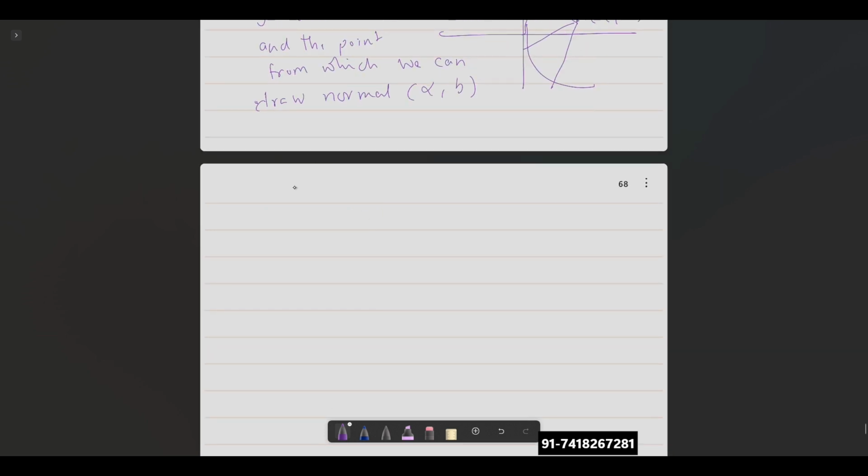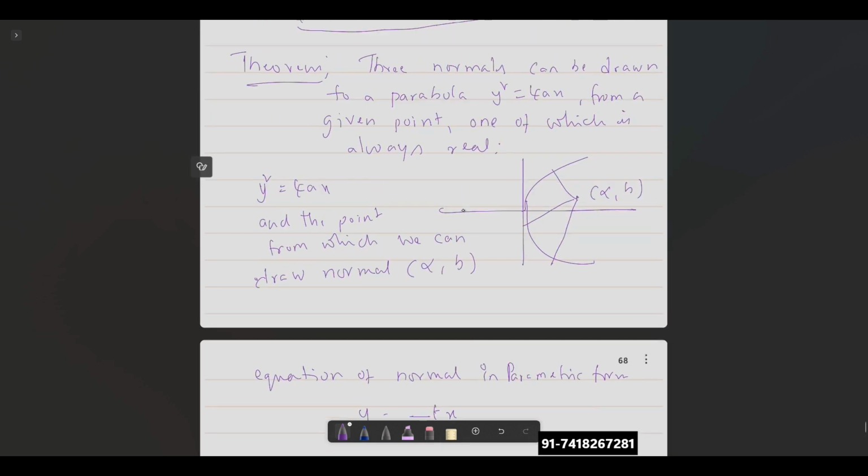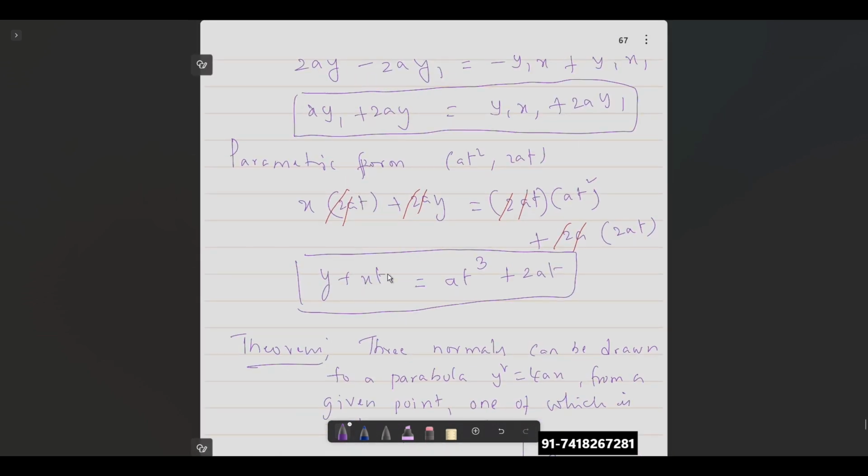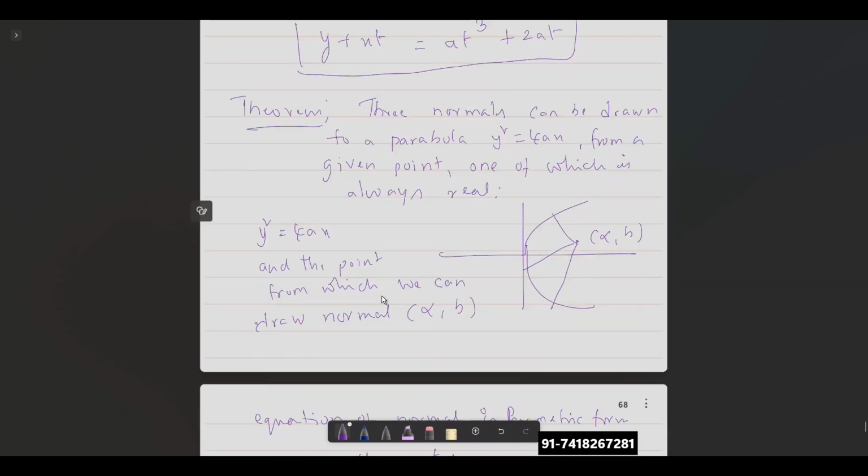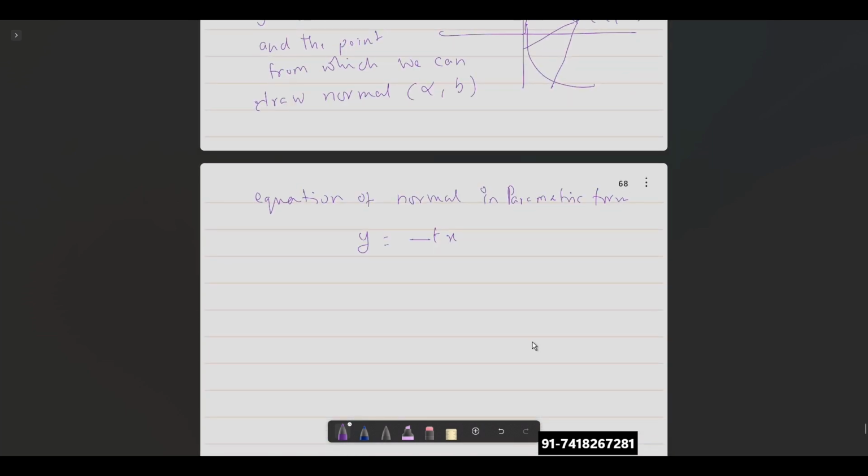So we know the equation of normal in parametric form: y is equal to minus tx, bringing xt to the right hand side, so it becomes minus tx plus 2at plus at cube.